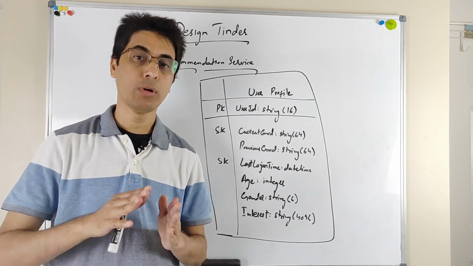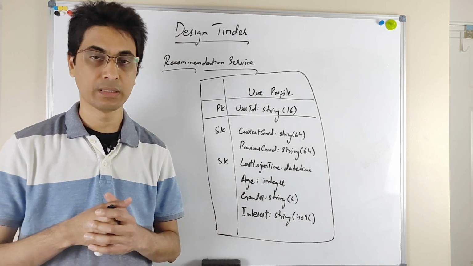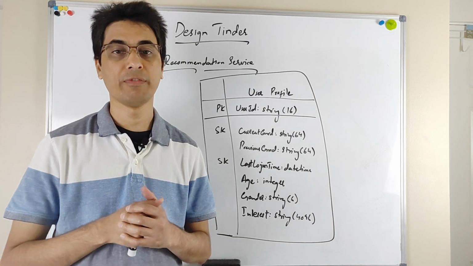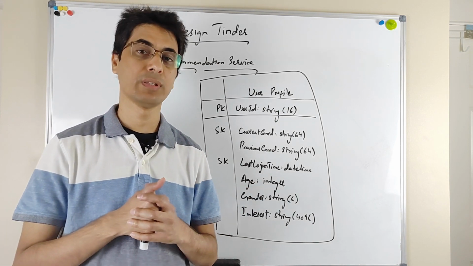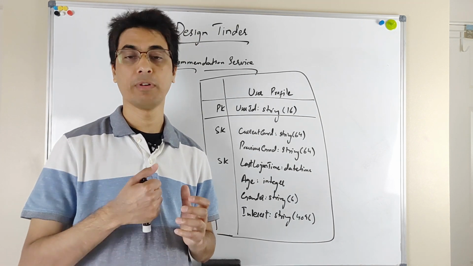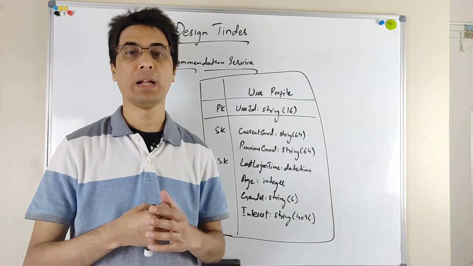The API will go again to the geoshards near the user and return the results again. Please note, however, it will be a very bad user experience if we return the same list of profiles again to the user. So please let me know in the comments below, what do you think? What would be the best way to not send the same set of profiles to the user again and again?